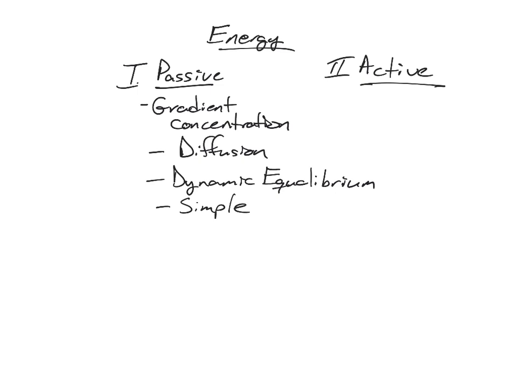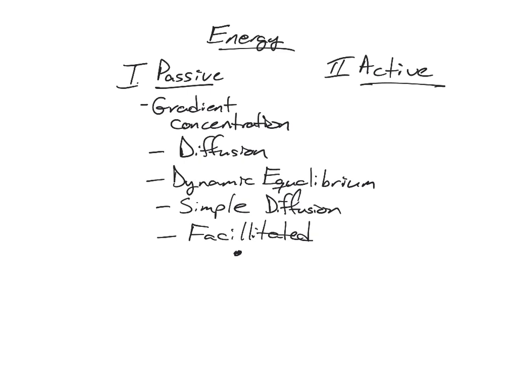So now diffusion, there's diffusion in general, the idea of diffusion, then there's simple diffusion, and then we have facilitated. If I misspell something or if you don't know how to spell it, just fix it later. Facilitated diffusion, and what's under facilitated diffusion? What are the two that are under facilitated diffusion?